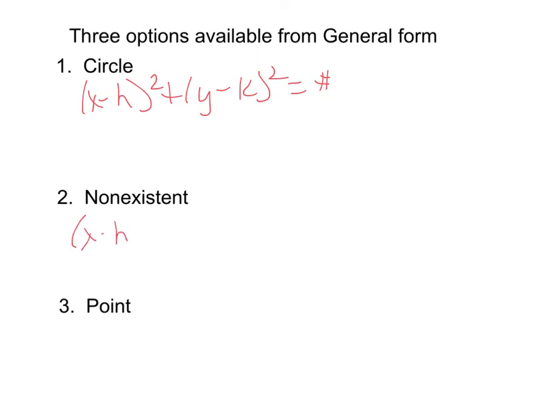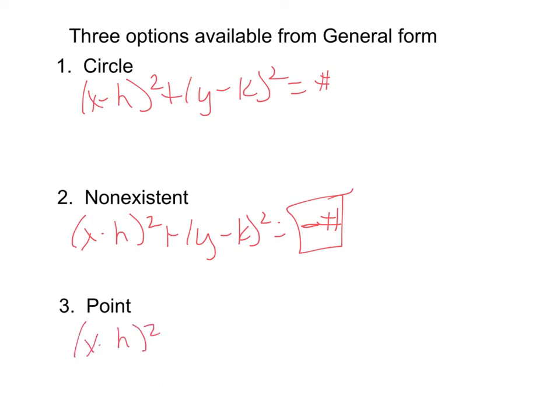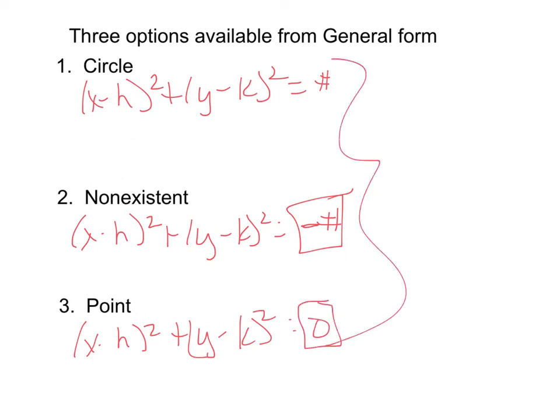If it's non-existent, you have x minus h squared plus y minus k squared is equal to a negative number. That is the problem because you can't have a negative radius. If you get a point, then you have your x minus h squared and your y minus k squared is equal to 0. So the kicker to these problems is look at what your radius is. That's going to tell you which problem it is you have.